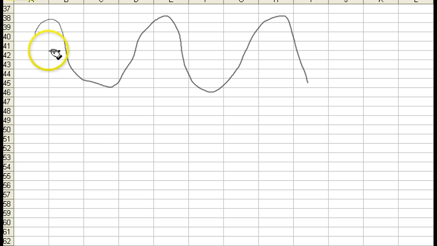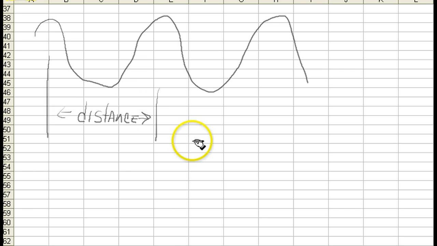Now the wavelength is the distance between the peaks. And we measure that, and that's called a wavelength.